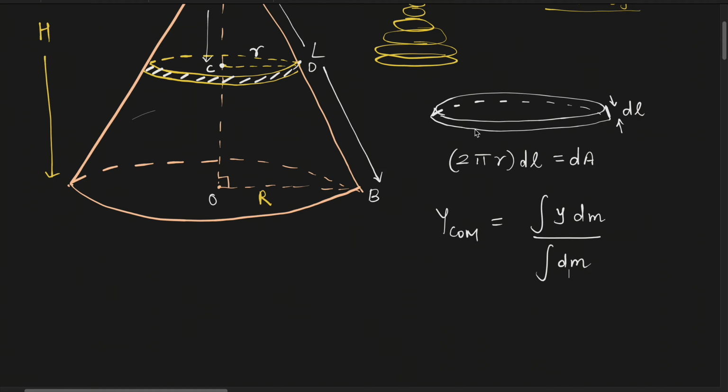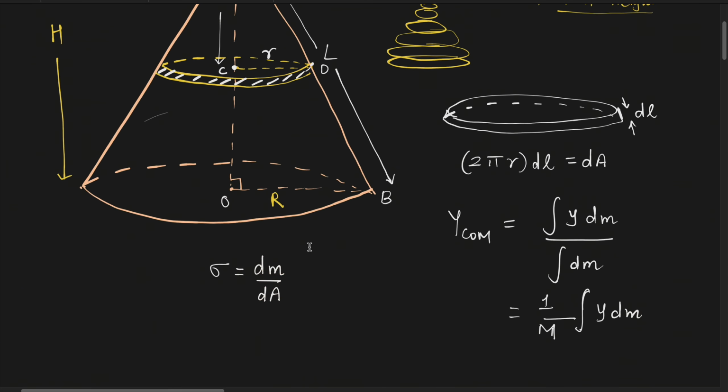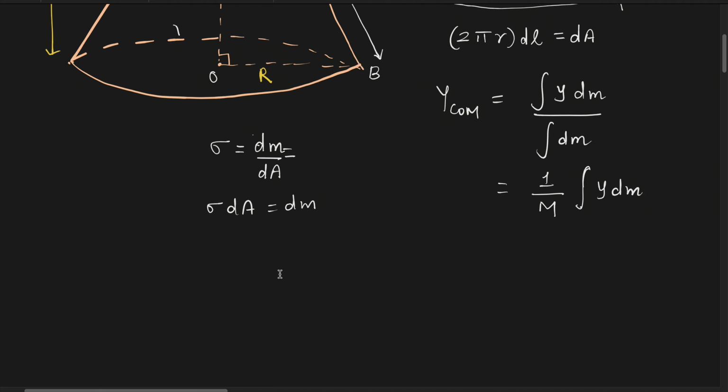The integral of dm will be capital M, that is obvious, and we have the integral of y dm. Now sigma is the mass per unit area, so it is dm by dA, which is constant, M by pi r L. So I can write sigma times dA equals dm.